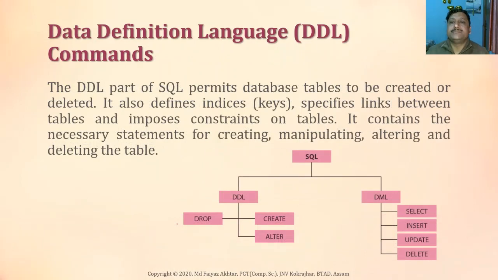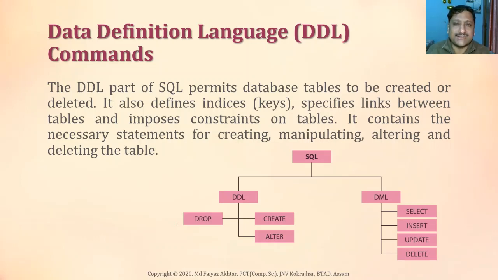So first is data definition language, DDL. What is this? The DDL part of SQL permits database tables to be created or deleted. It also defines indices, keys, specifies links between tables and imposes constraints on tables. It contains the necessary statements for creating, manipulating, altering, deleting the table.